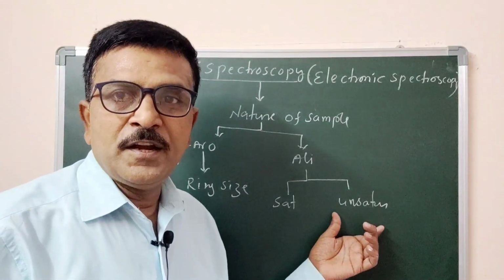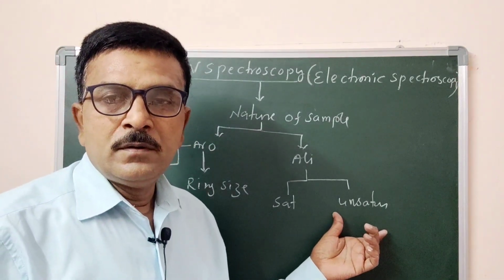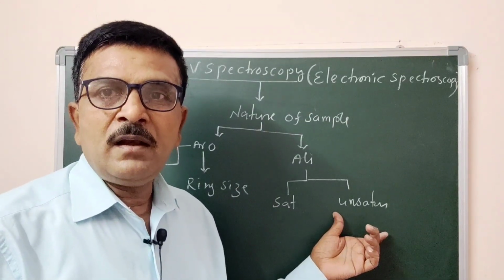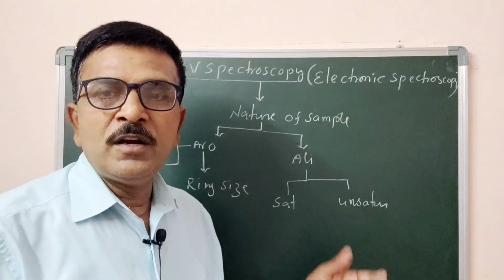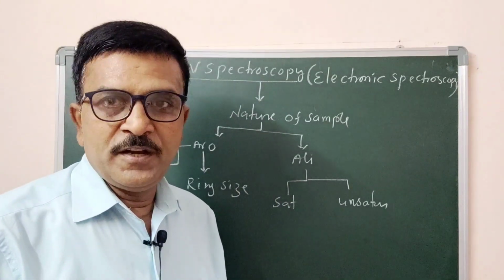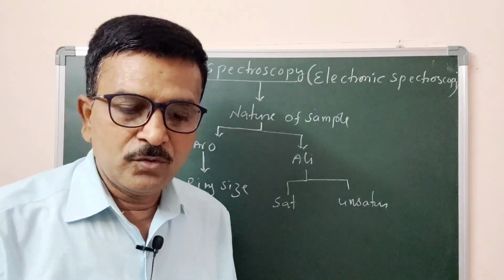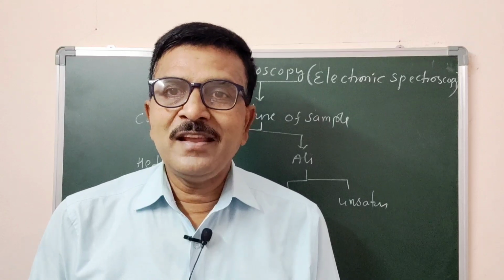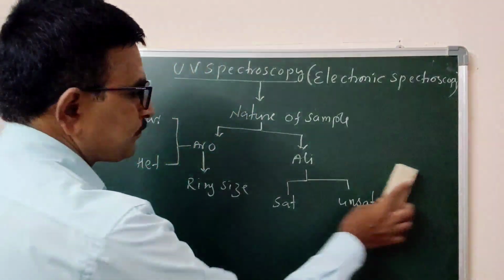If it is unsaturated, it predicts the number of double bonds or triple bonds and their positions. The double bonds may be conjugated or isolated. So, in brief, UV is useful for the study of the nature of the sample.